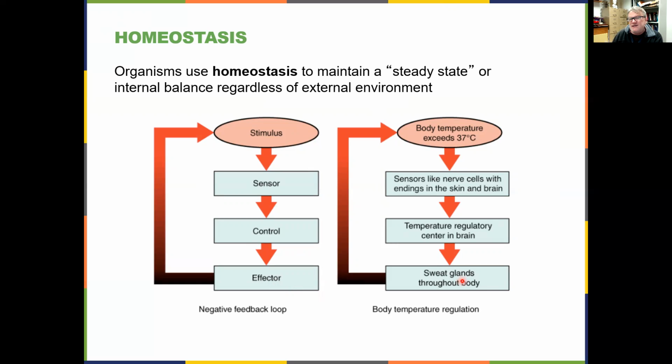For controlling body temperature, an example of an effector would be the sweat glands, which can release water and allow water to carry away the excess heat in evaporative cooling. So that will hopefully return the body temperature back down to normal.